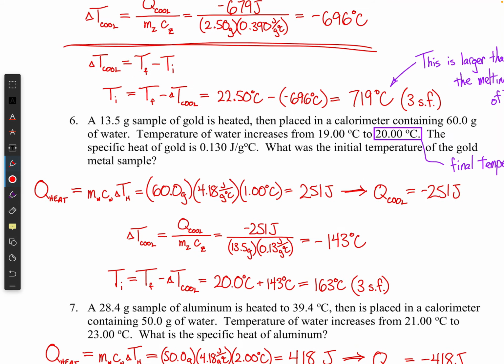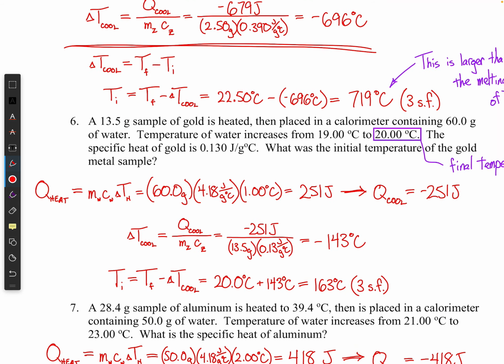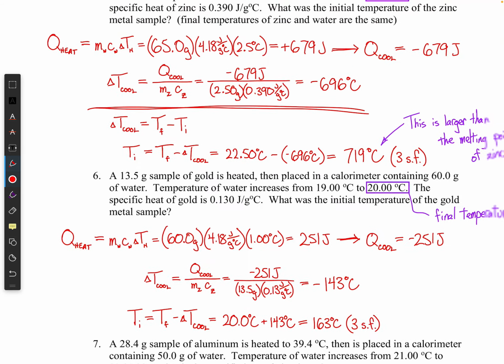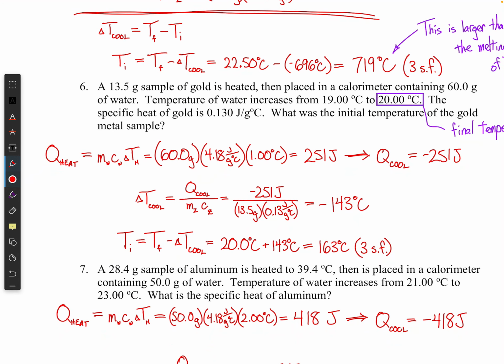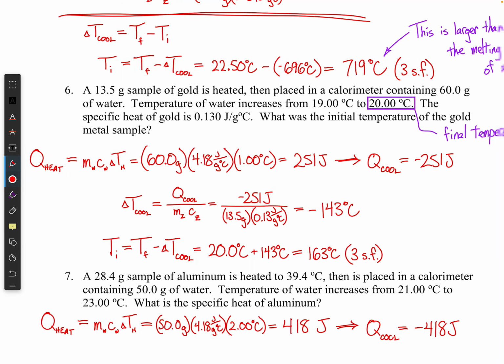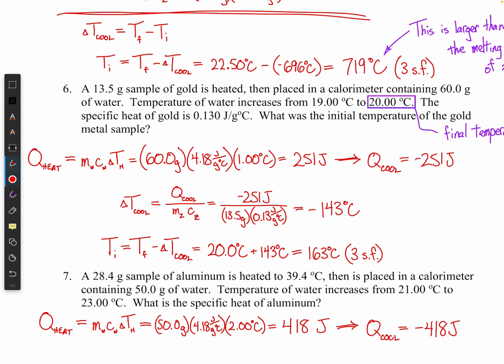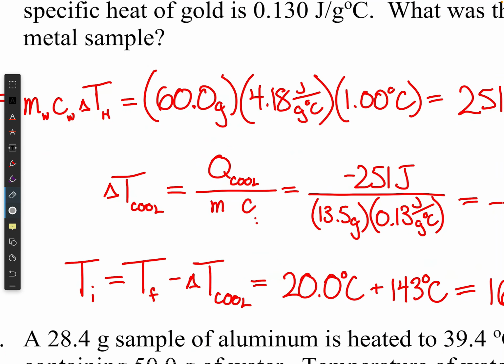All right, number 6. The setup for number 6 is actually exactly the same as our previous problem. So if you want to pause here and take a look at the math, that's fine. I don't think there's a lot of value to re-explaining it, but this should be the mass of the gold and the specific heat capacity of the gold.